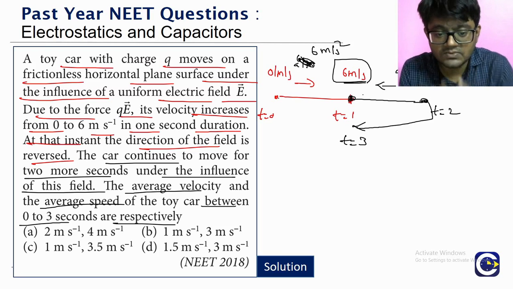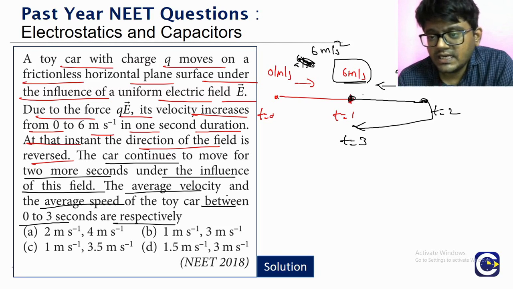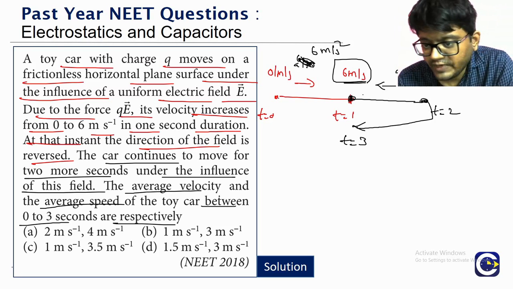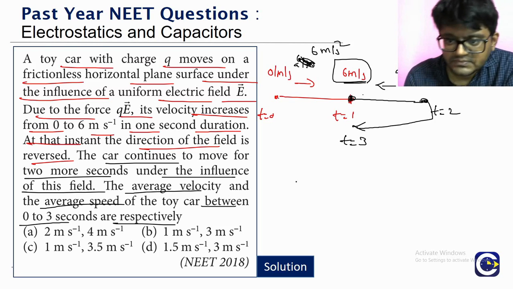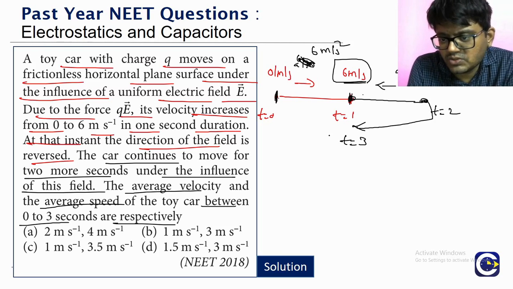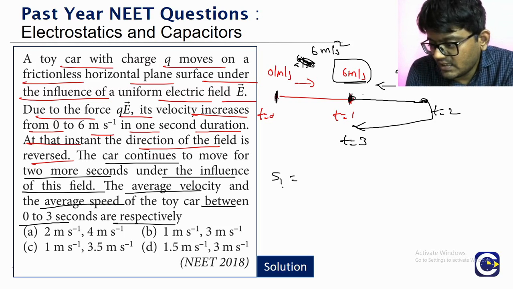So here they are asking us the average velocity and average speed. Average speed means we have to find the total distance covered and divide by the time taken. So total distance covered will be what? Here, look at this. This t is equal to 0 to t is equal to 1. In that time, let us calculate the displacement from the kinematics equation.